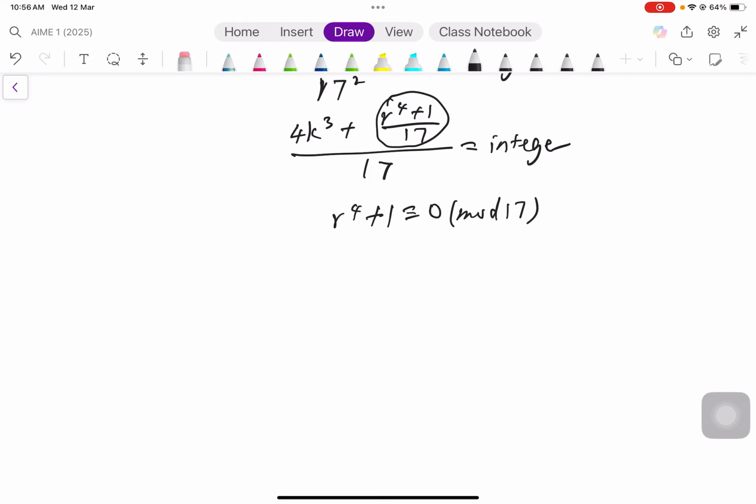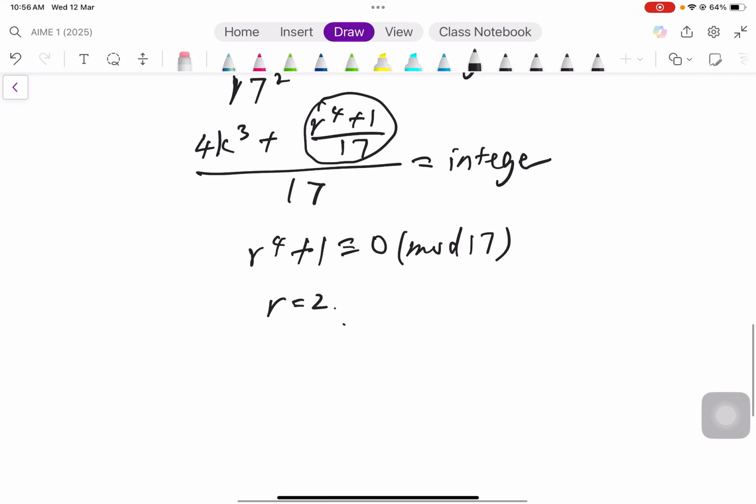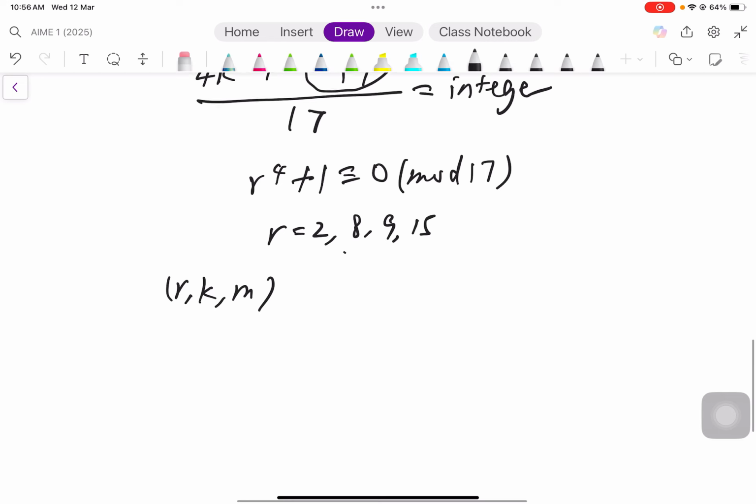You can see for yourself that r can be 2, 8, 9, or 15. With that, you write down the values of r, k, and m.